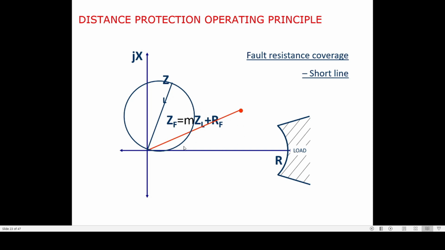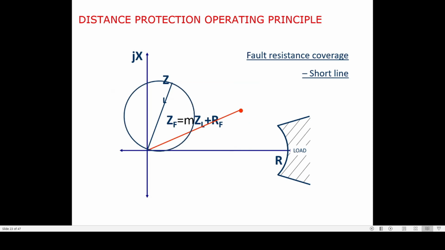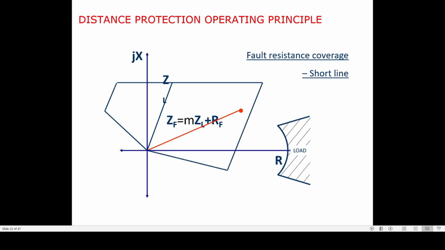So whenever the fault resistance is considered in the distance relay operating principle, the operation of the distance relay is hampered. To mitigate this effect, instead of using this Mho characteristic, we can use a quadrilateral characteristic having a higher magnitude of resistive fault coverage.